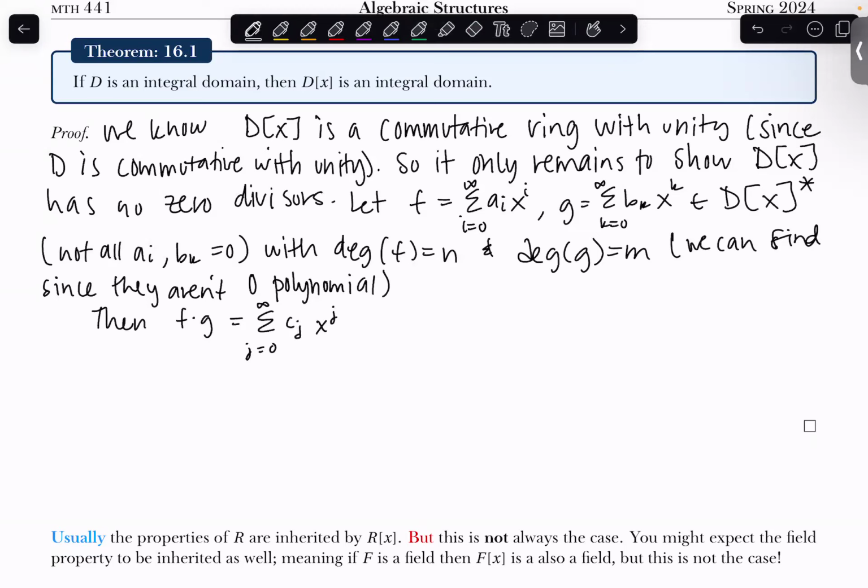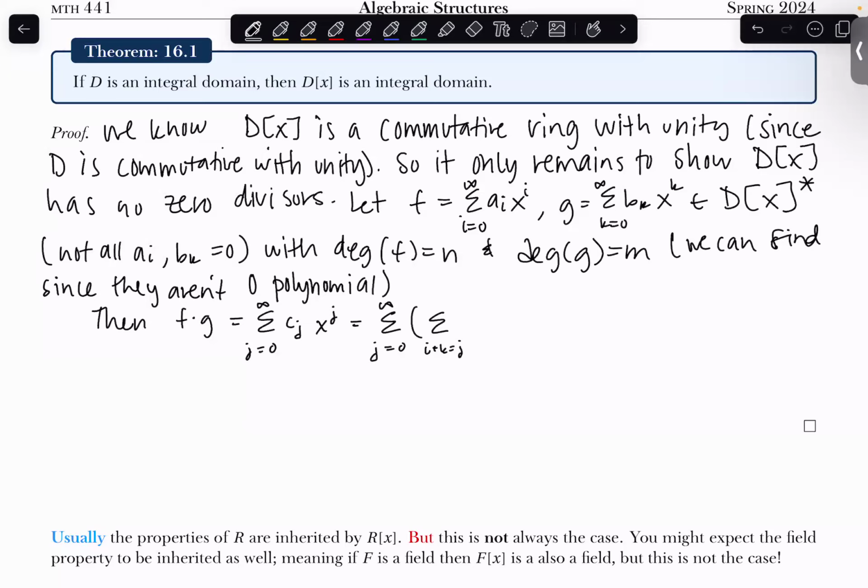Where we stated earlier how to multiply our polynomials, so this is where this is going to show up. So here my c sub j's, or the coefficients that I'll have, are going to be a sum also. So I'll replace my c sub j with a sum, where I'll say I want i plus k to give me back j.